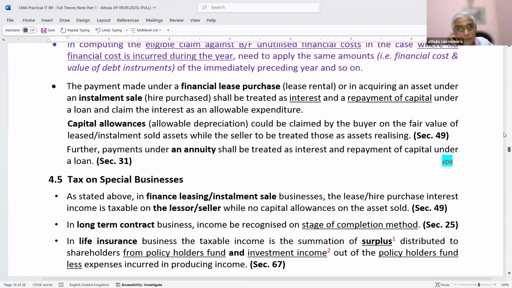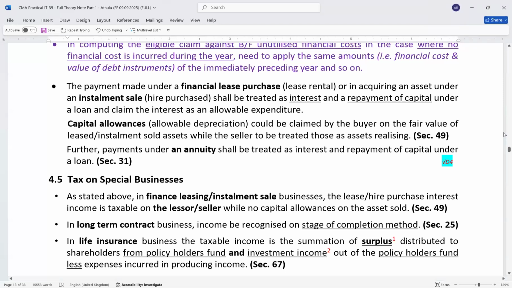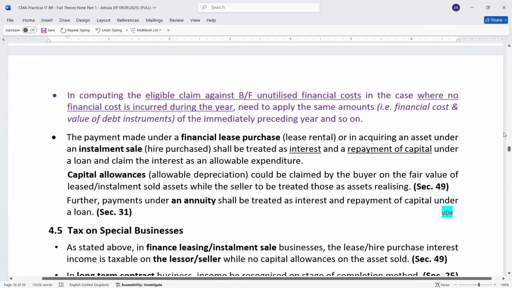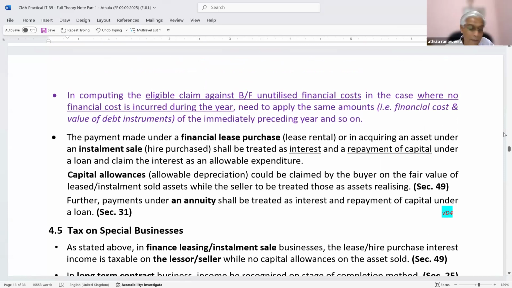Okay, so that borrowing cost cannot be deducted as an expense in production of income? Depends. For the time being, we'll say not allowable. Then it will be going as a cost of our investment, under the investment income, investment expenses, isn't it?